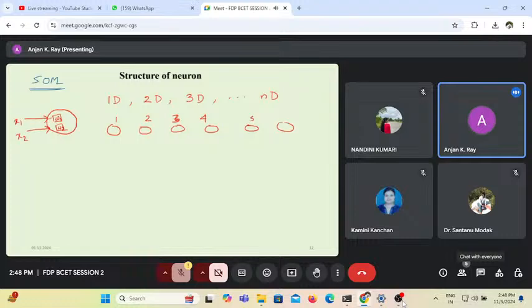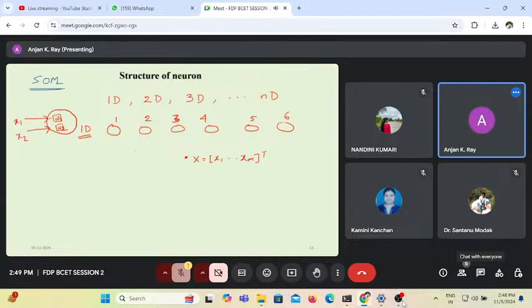We give some indexing for these neurons. Each neuron has one index for its position on the network. So this is a one dimensional lattice, a one dimensional structure of neurons. Now, what would be the input for this? Let's say this is X having X1 to XM, M number of input channels.